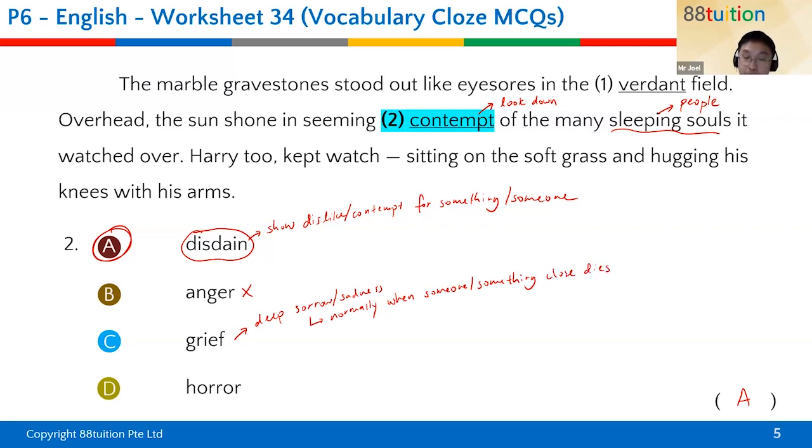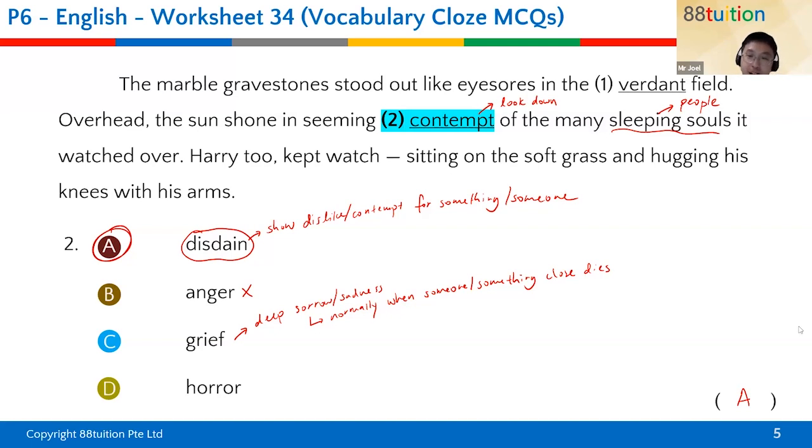So for example, you have a pet dog, and then your pet dog dies of old age. So we can say that you grieved during that time. So you experience a period of very deep sadness. So that's called grief. And good question, Tammy.